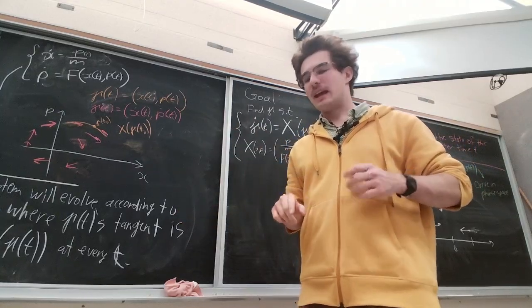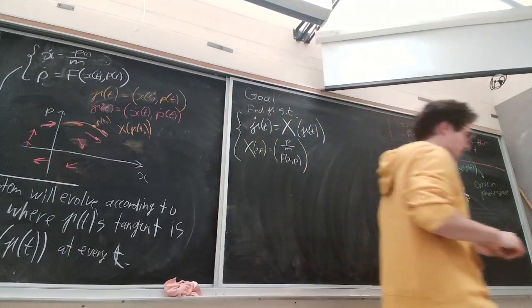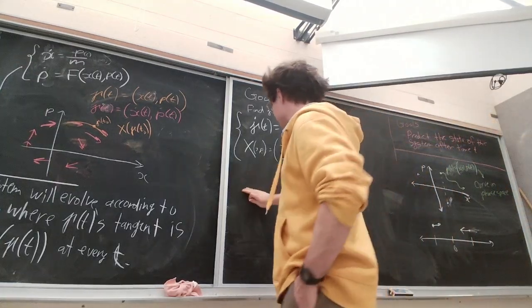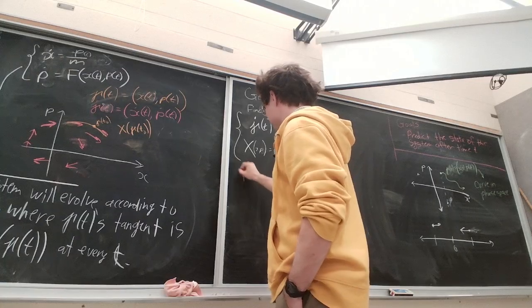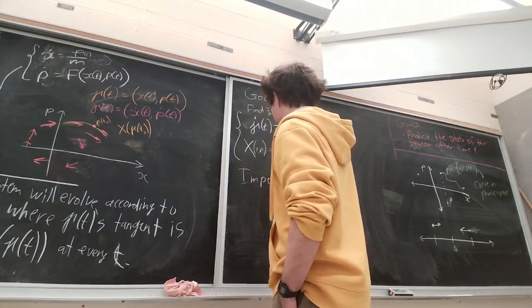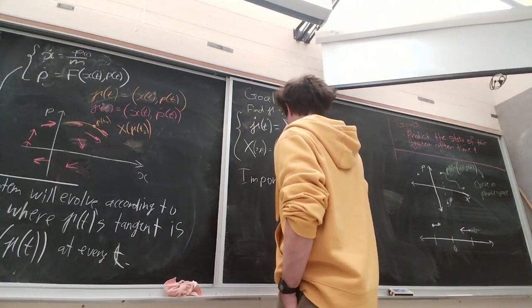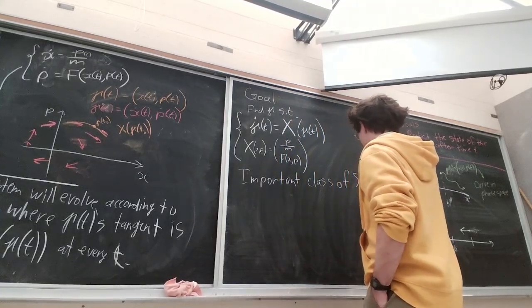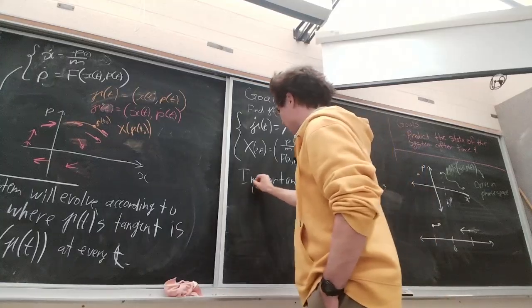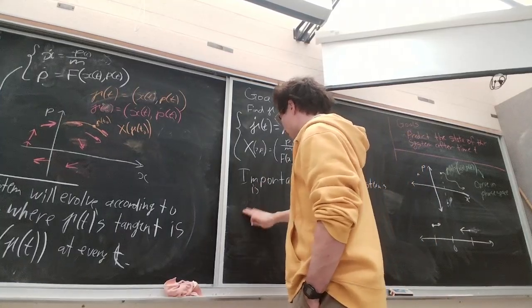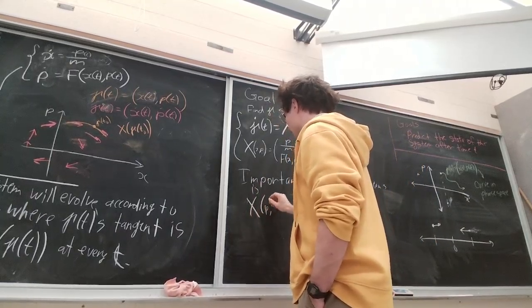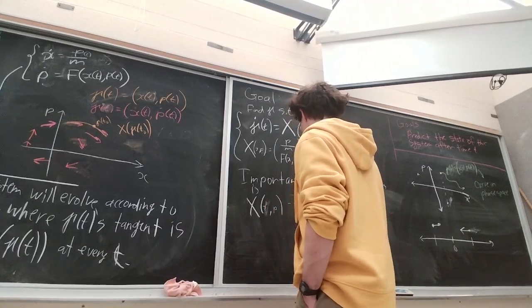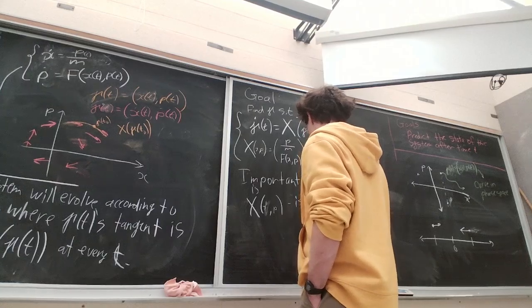Do you agree? And so one important class of systems is where this vector field X of x comma p is a linear map.